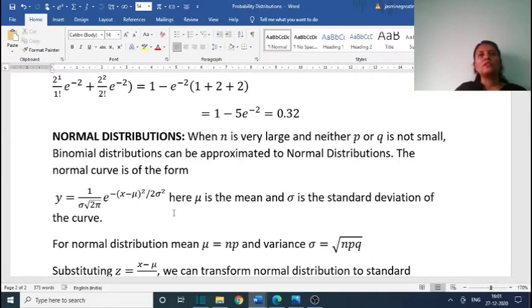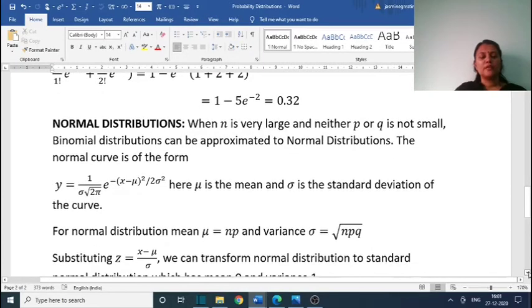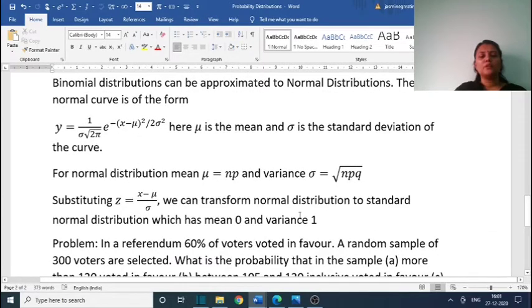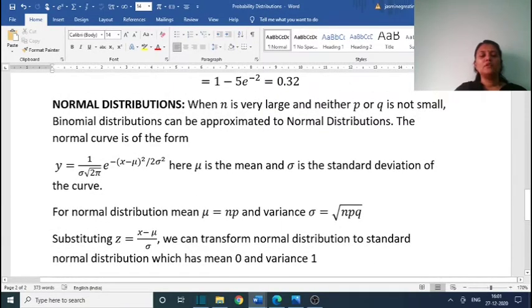For the normal distribution, mean is equal to mu and standard deviation sigma is equal to square root of npq, to compare with the binomial distribution. So we can transform the normal distribution to standard normal distribution, which is the simplest form of normal distribution, when mu is equal to mean is equal to 0 and variance is equal to 1.